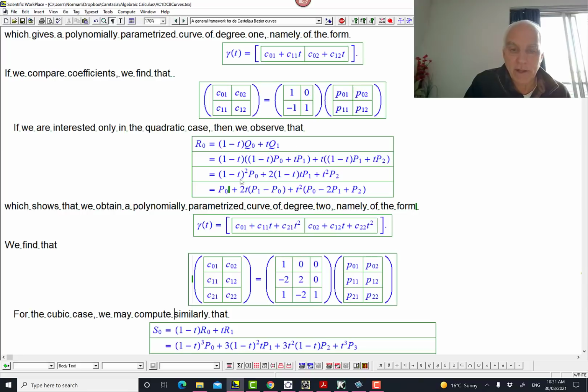And so you stare at this, and I want you to make sure that you go through it to convince yourself, all right? Convince yourself that what's happening here is allowing us to go from the coordinates of the points, capital P0, P1, P2, to these coefficients of these quadratic polynomials that are appearing here.